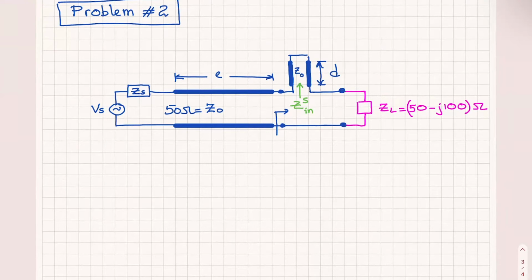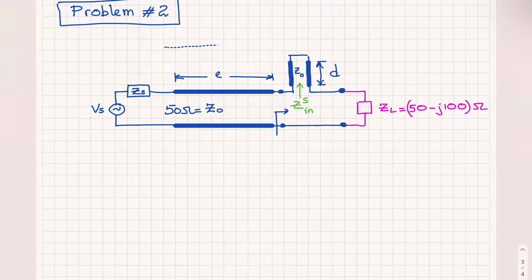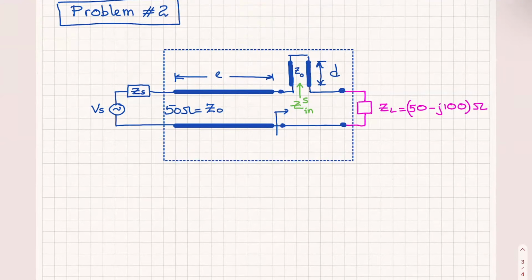First of all, let me take this and put a square around it. And I will call this a 2-port network.